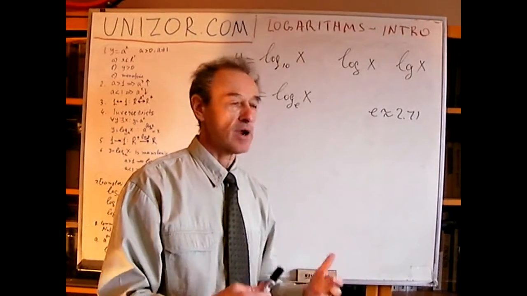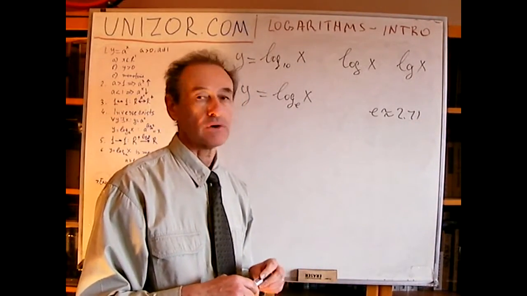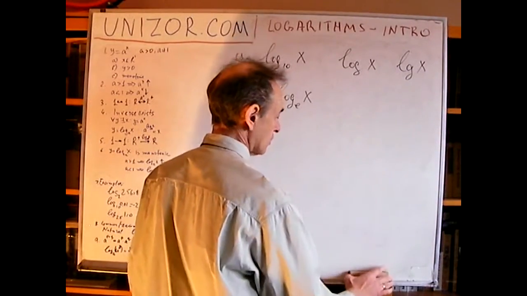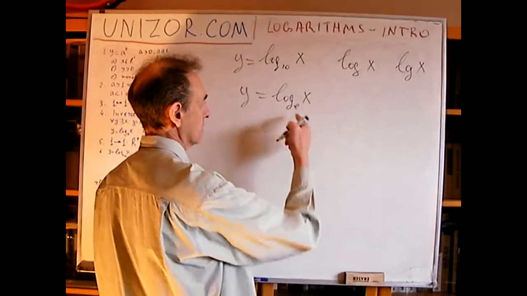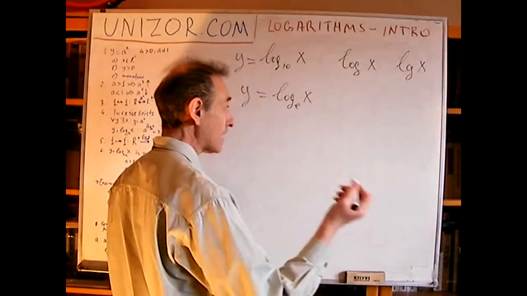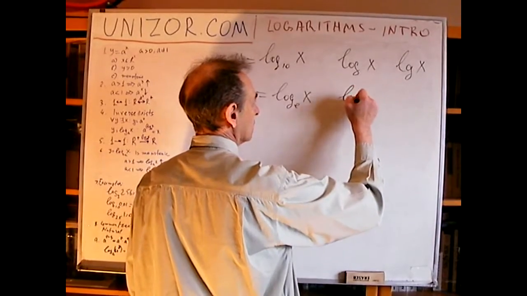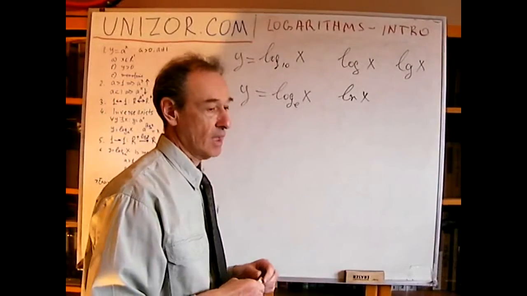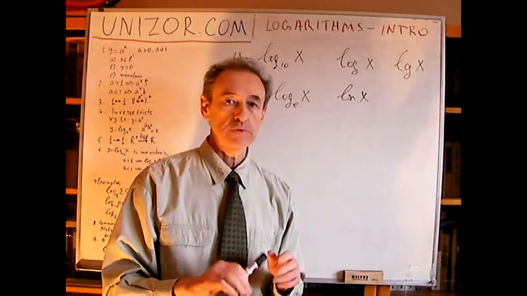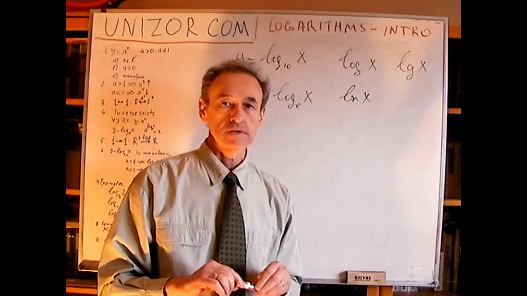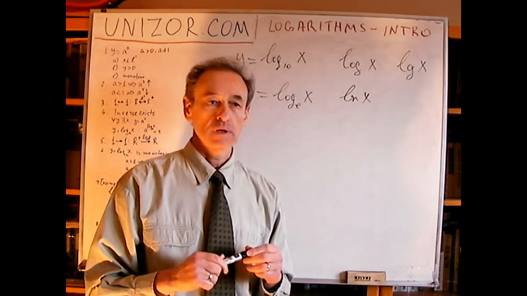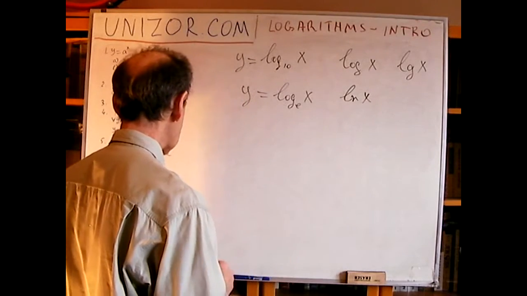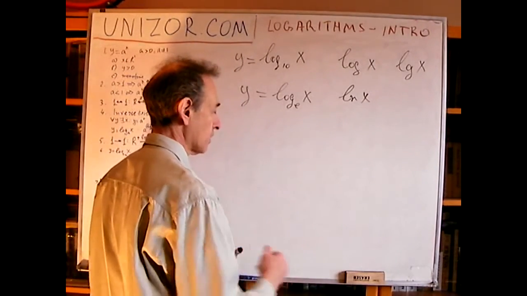It has a very important role in analysis, and that's why there is a special notation. The logarithm with the base e is called the natural logarithm, and its notation is ln. And it is natural. Believe me, there are many different reasons why this particular logarithm is called natural. So these are basically just terminology.